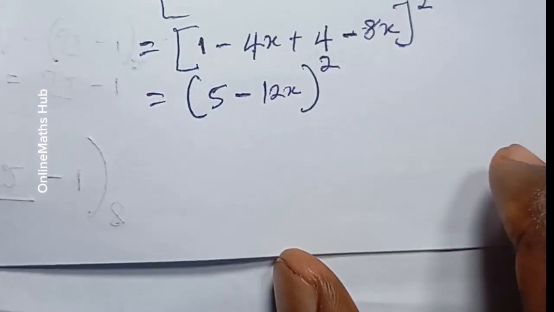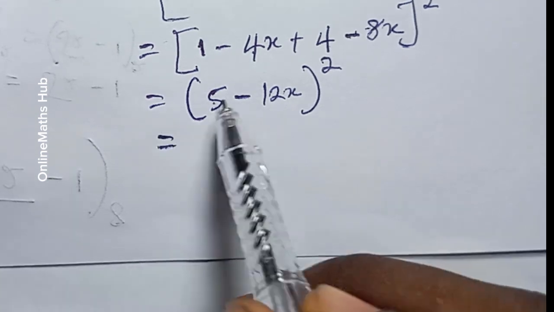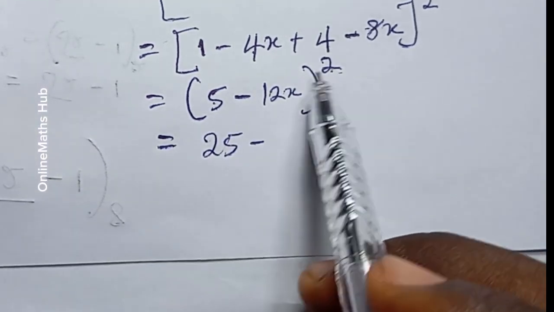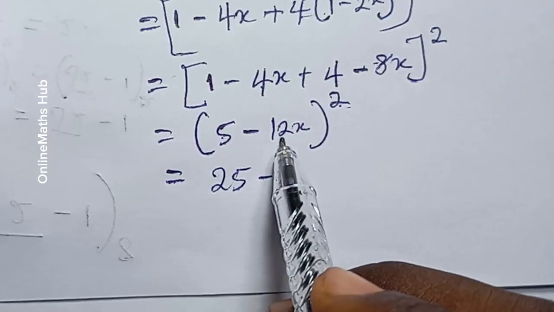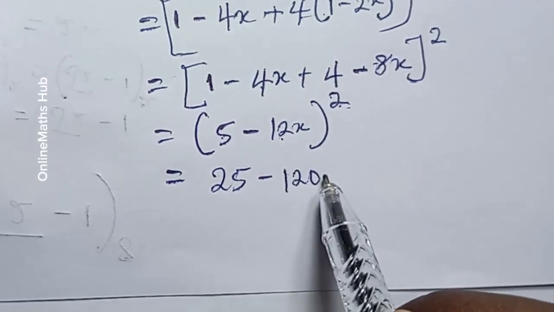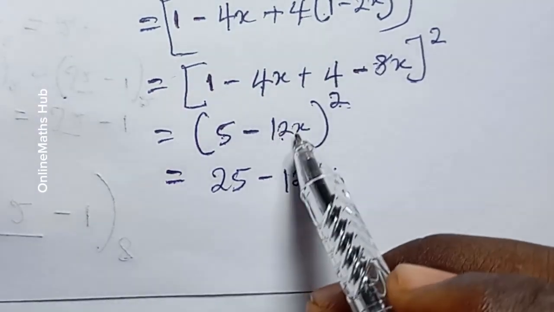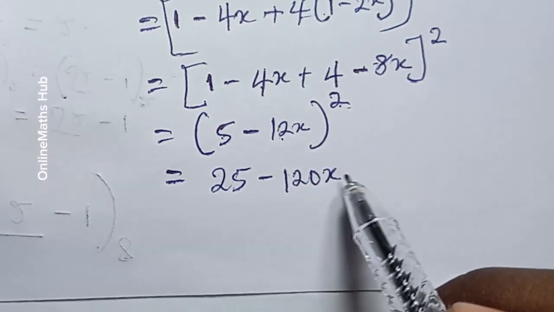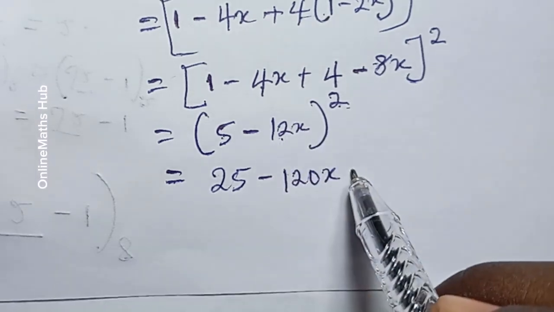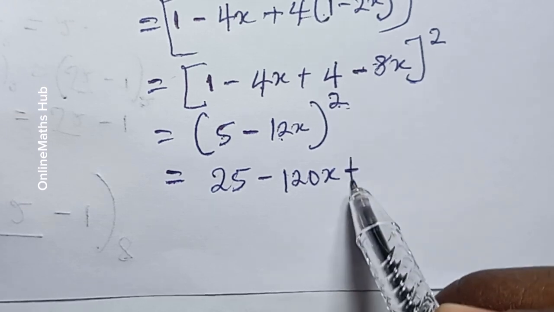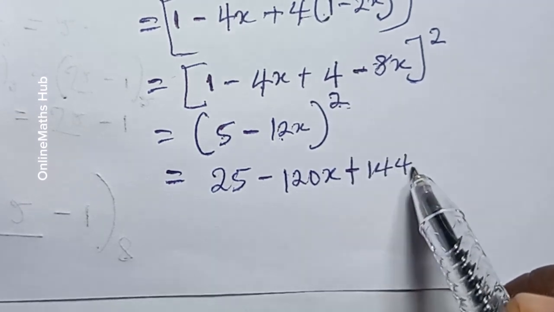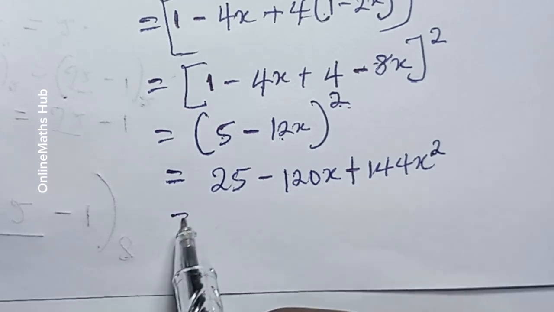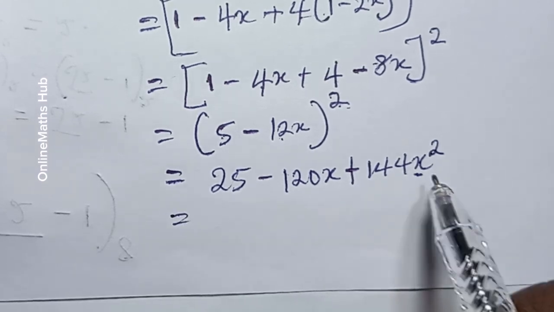Now I can go ahead and open this bracket. 5 times 5 here is 25. 2 times 5 is 10, and then 10 times 12 is 120x. And then I will also use this last term to multiply itself, which is minus 12x multiplied by minus 12x, and that will give us plus 144x squared. Then I can proceed to make this substitution right here.